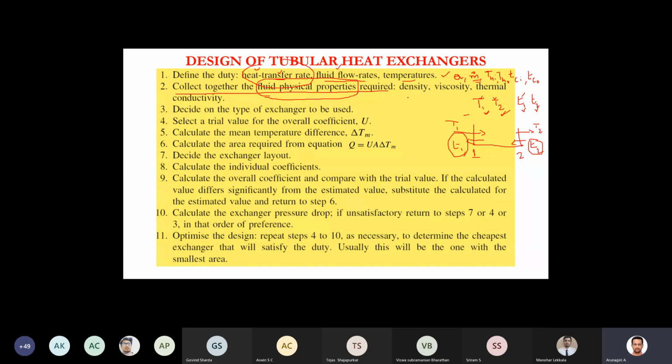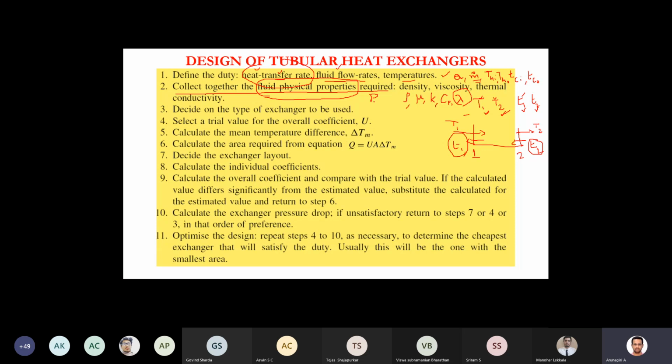Fluid physical properties means density, viscosity, thermal conductivity, specific heat, latent heat, lambda. This lambda you can also collect for the temperature range or the particular pressure.